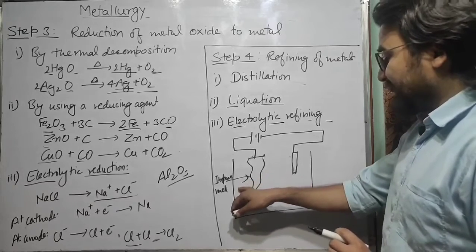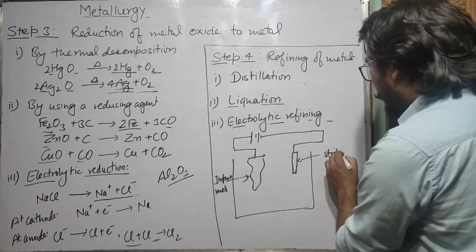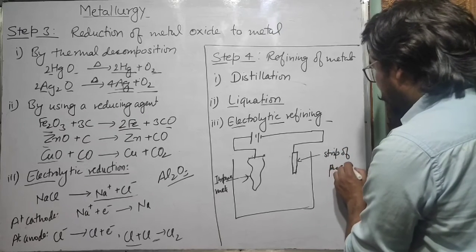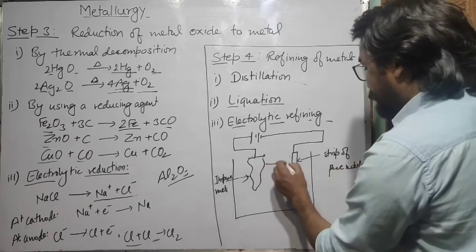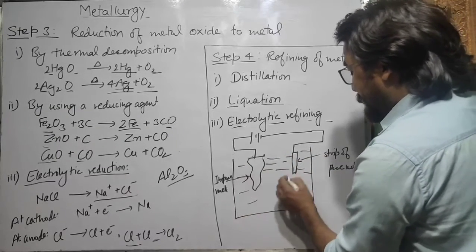So the impure metal is kept at the anode, a strip of pure metal is kept at the cathode. The whole system is kept in the electrolytic solution.